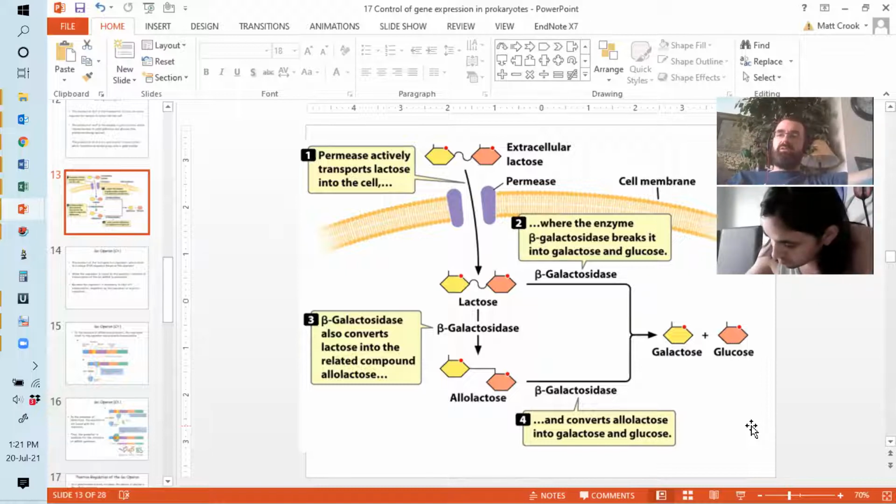So what part of this whole shebang do you think we would want to use to fine tune expression of the lac operon? What would tell us that we're getting enough of what we need, we're doing a good job of converting lactose?